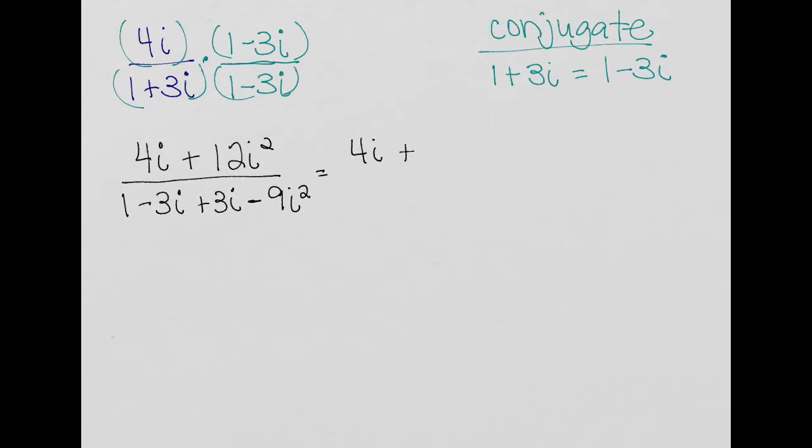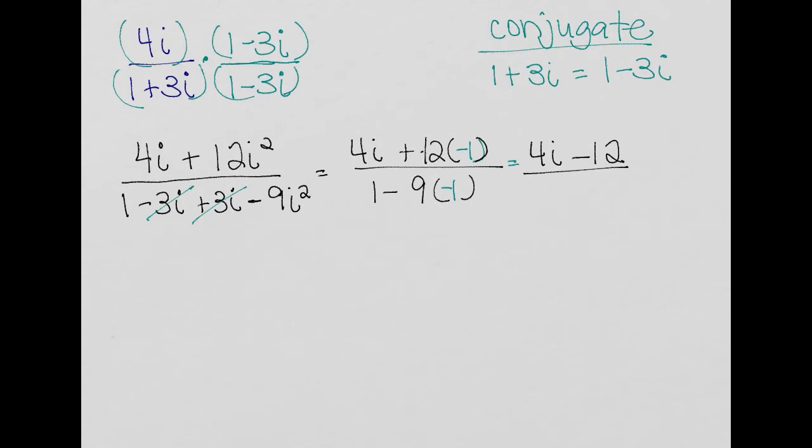So I've got 12 times negative 1 because it was i squared. And in the denominator, this negative 3i and positive 3i cancel each other out. So I have 1 minus 9, that i squared again, so times negative 1. So in this numerator, I'm going to have 4i minus 12. And in the denominator, I've got 1 minus a negative 9, which is going to be a positive 10.